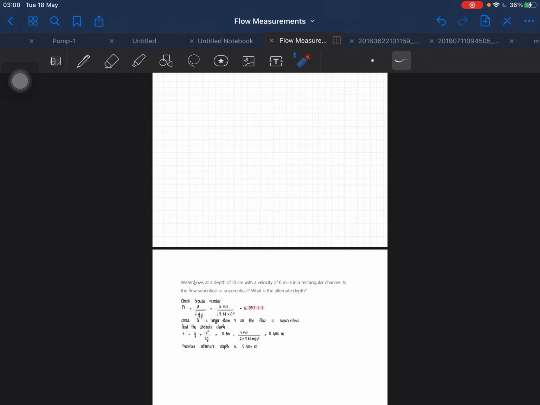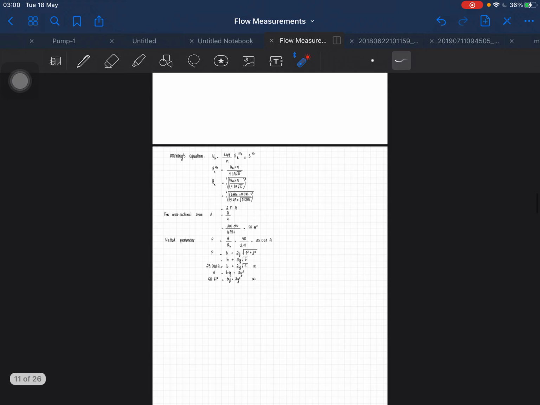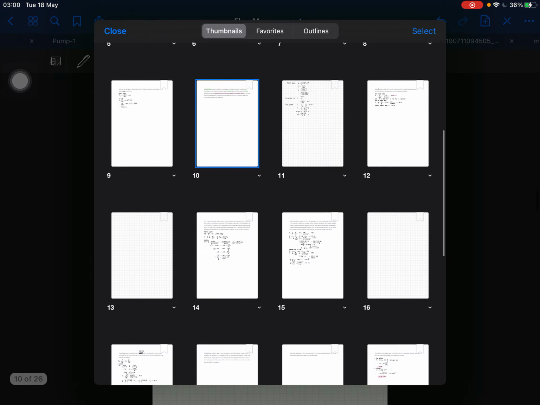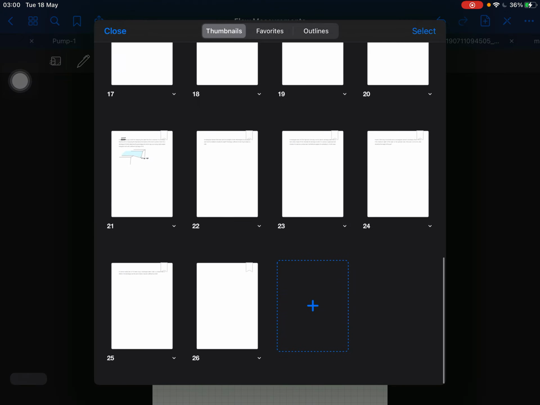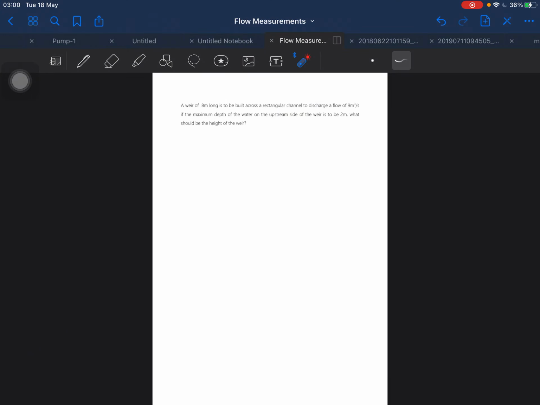I'm so proud of you guys. Now we have 1, 2, 3, 4, 5 more. It will probably take around 1 to 2 hours to finish the remaining, because the remaining is quite easy as well. Maybe 1 hour to 1 hour and a half.